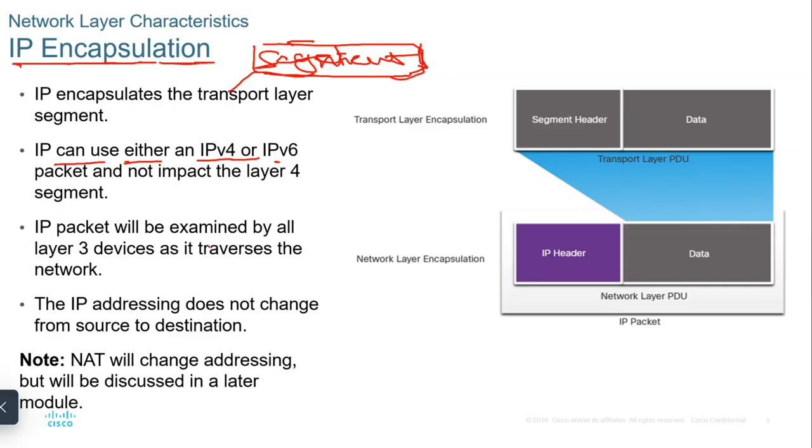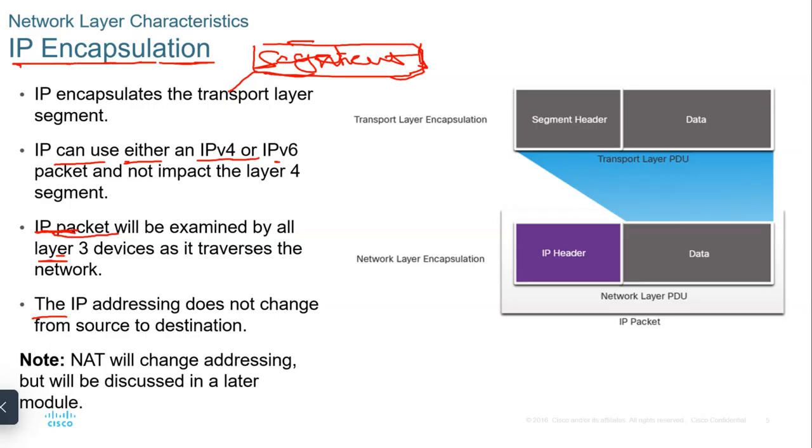So the IP packet has to be examined by every layer 3 device. A network device can be a router, a layer 3 switch, or a firewall. As long as the device operates at layer 3, it will always examine or review the IP packet.